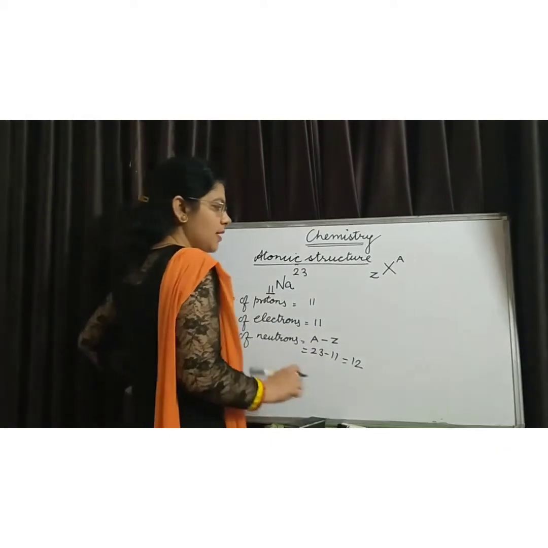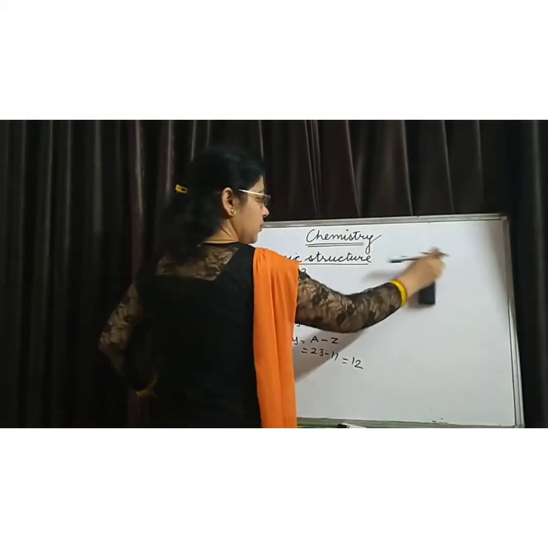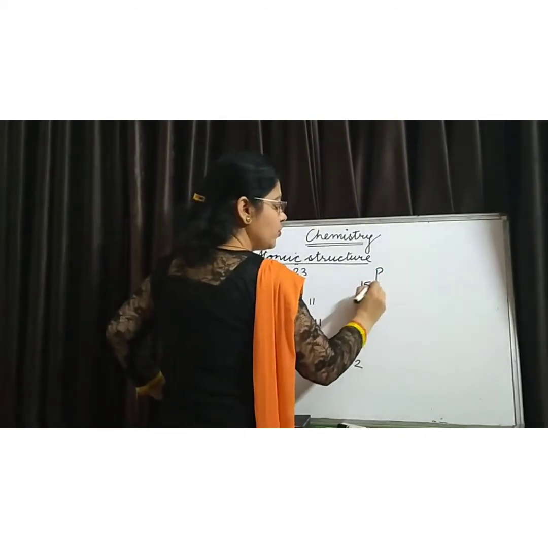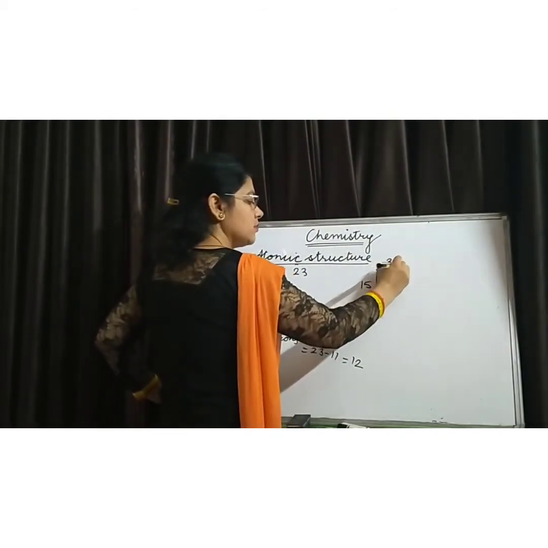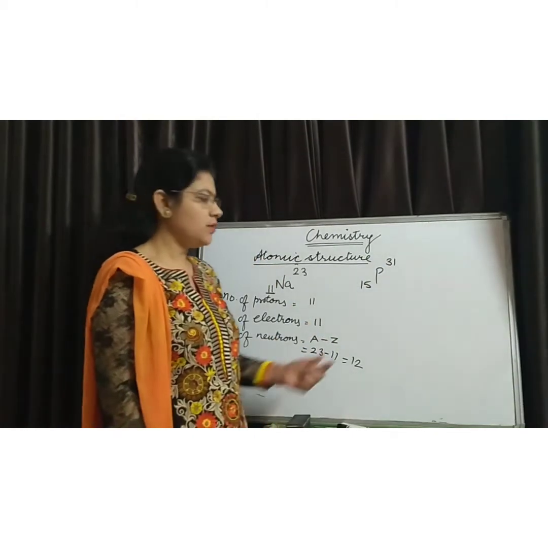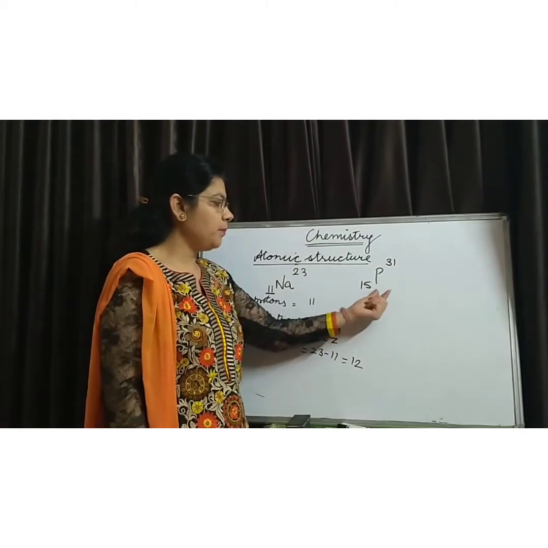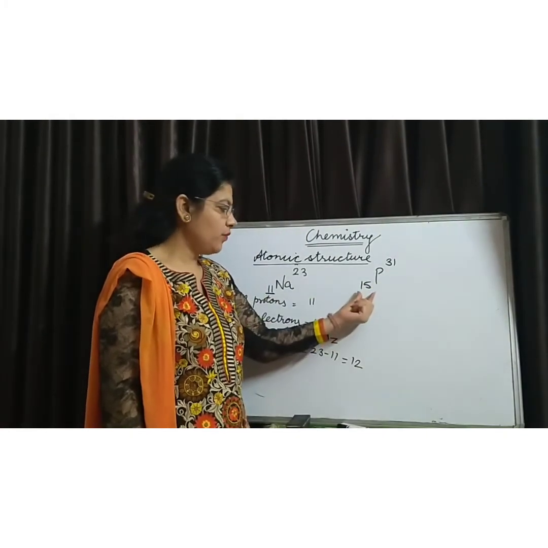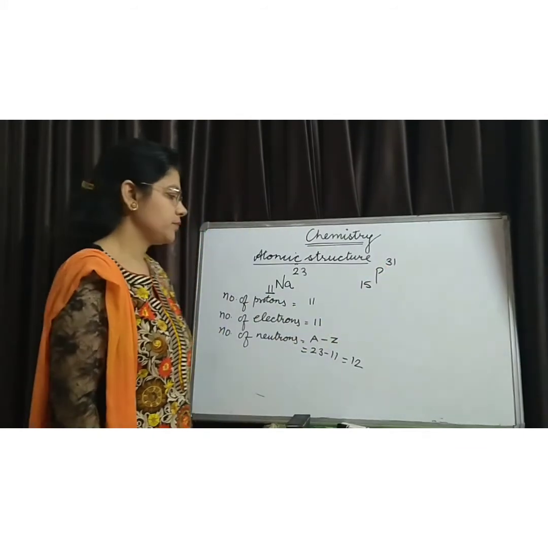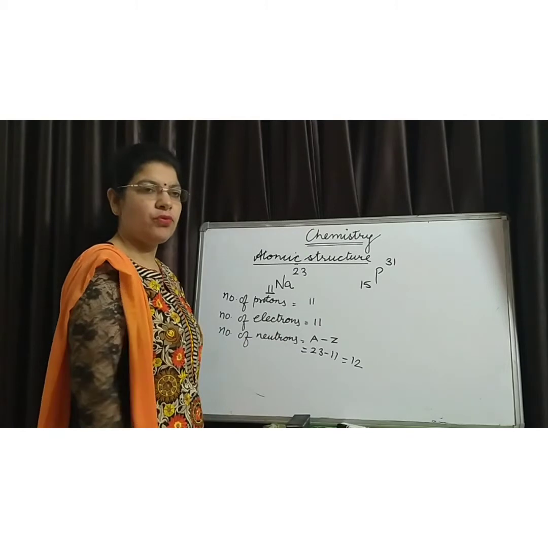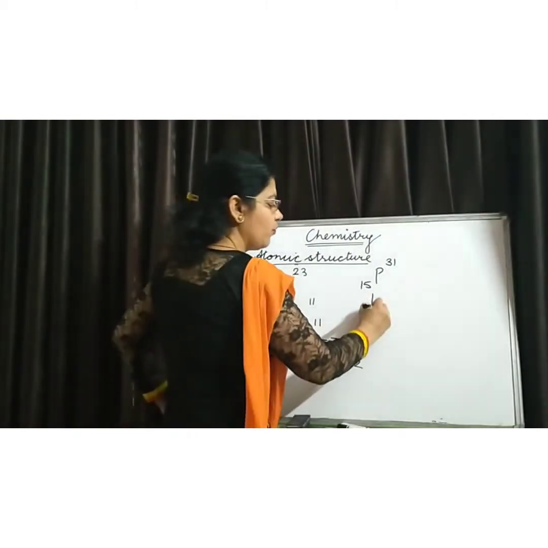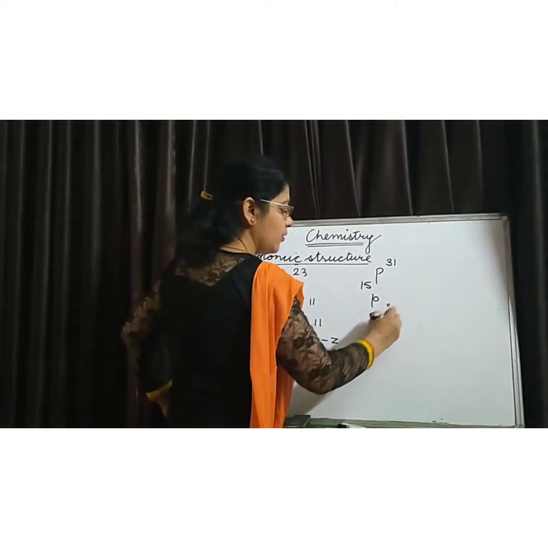Let us take another example, and the example is phosphorus. For phosphorus, its atomic number is 15 and its mass number is 31. So we represent phosphorus by 15P31. Here 15 is its atomic number and 31 is its mass number. We can easily find the number of protons, electrons and neutrons.